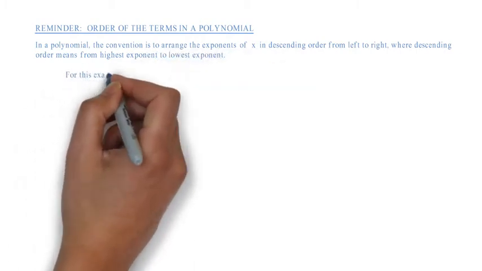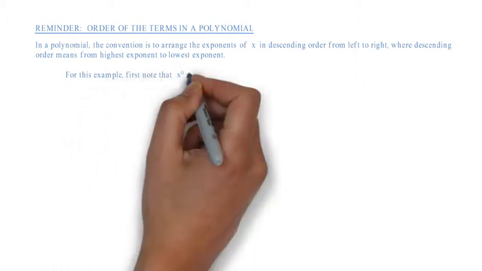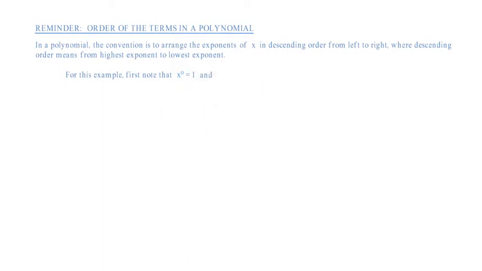For this example, first note that x to the naught equals 1 and x to the 1 equals x.